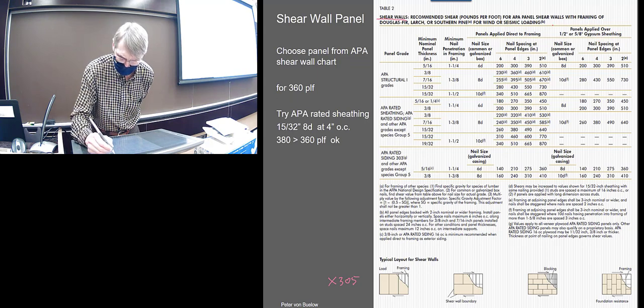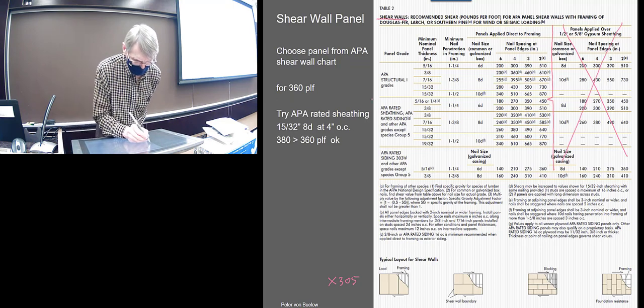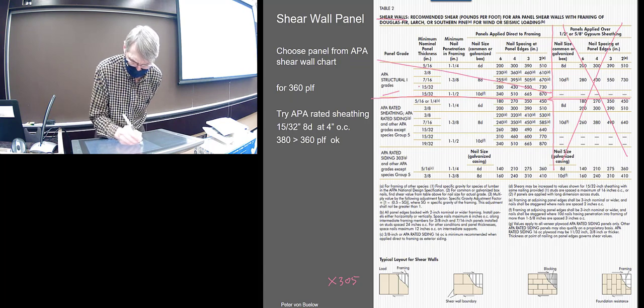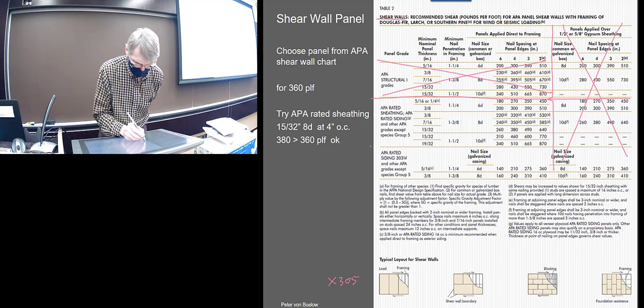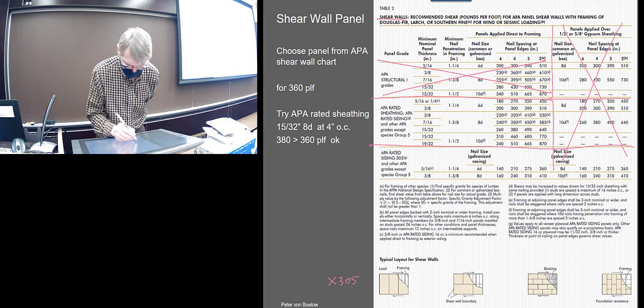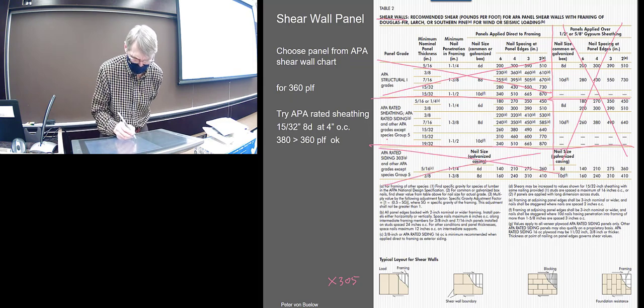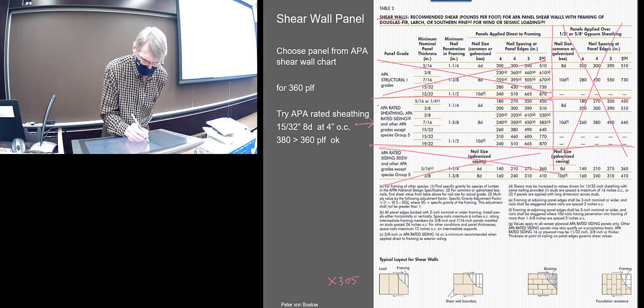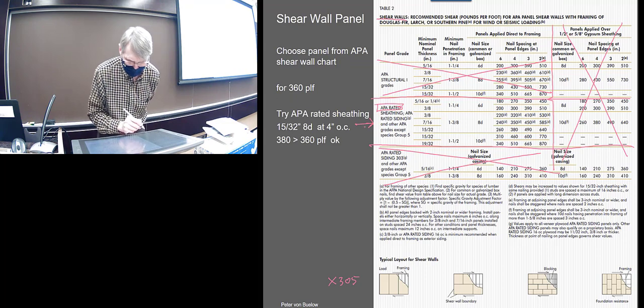Okay, gypsum, no, I don't think I want the gypsum, so let's not worry about gypsum. Structural grade, no, I don't think I want to use the structural grade. Sheathing, oh yeah, there are a lot of things I don't want. I don't want sheathing, so this is the one I'm using, APA rated.